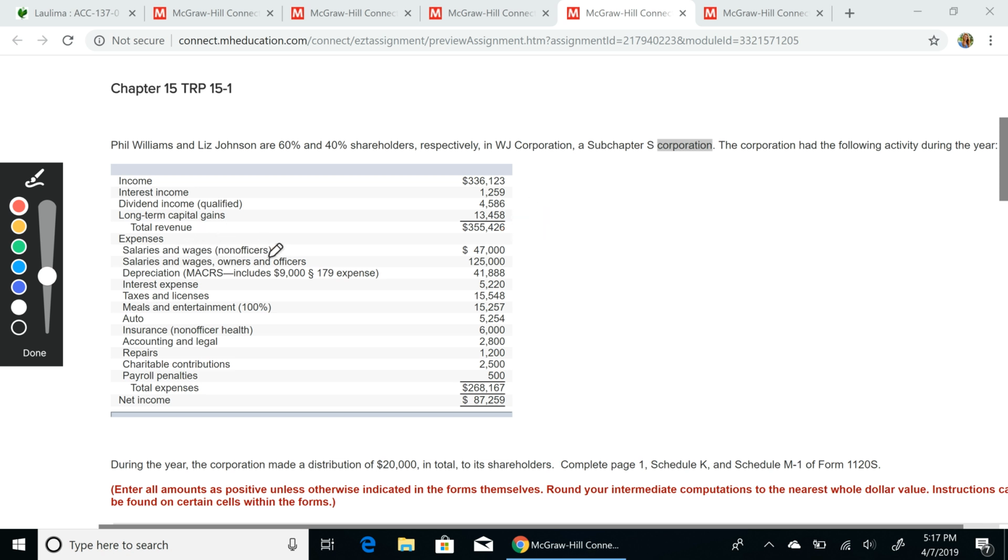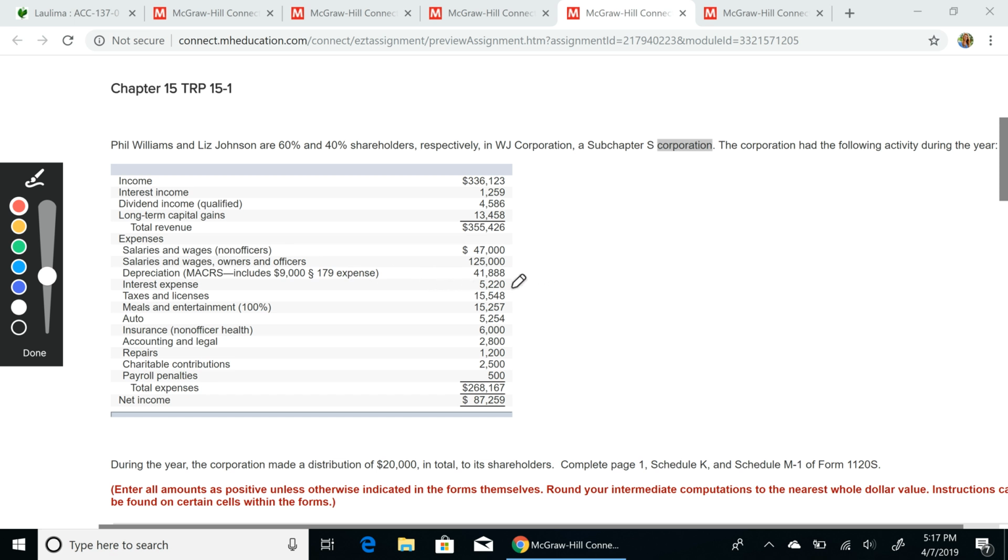And then expenses, non-officer. So this means anyone working in the business, like regular employees, salaries and wages, owners and officers. That is our Phil and Liz here at 60 and 40% ownership in WJ Corporation, an S Corp for taxes. Okay, so then we have depreciation, which includes Section 179. We'll talk more about that.